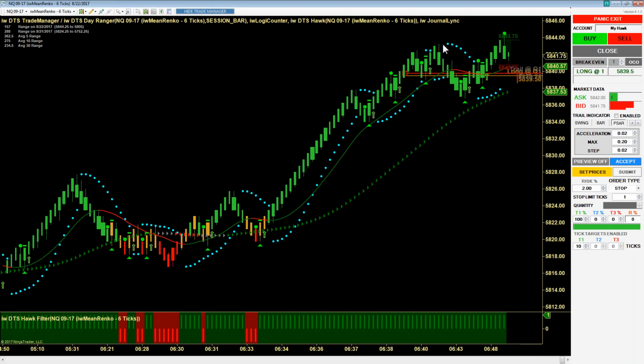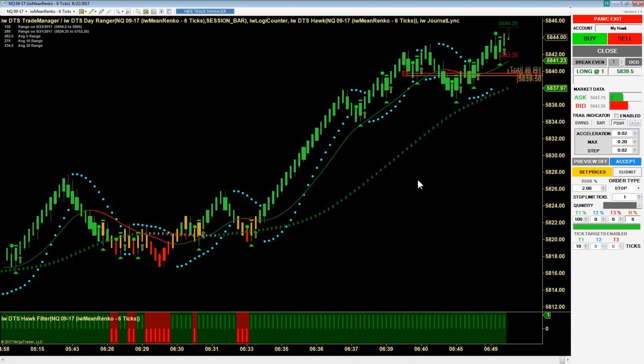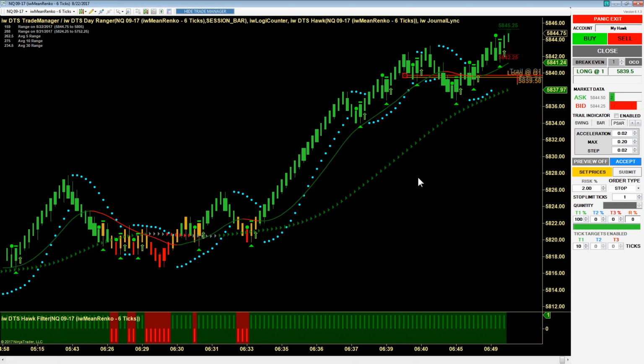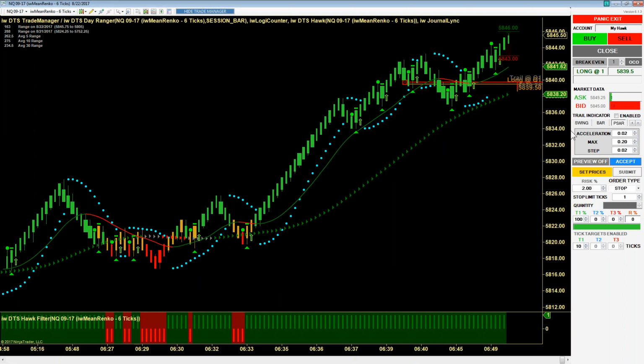So it's not unusual to see a reaction when you break a swing high like this. And I'm just trying to hang on and not get tagged at break even. I'm fairly certain about the direction. It's just, can I ride out the swing?